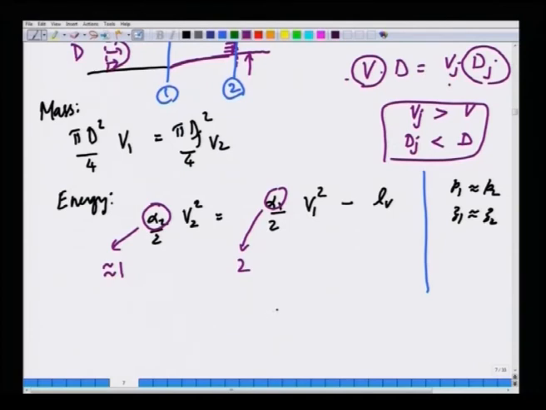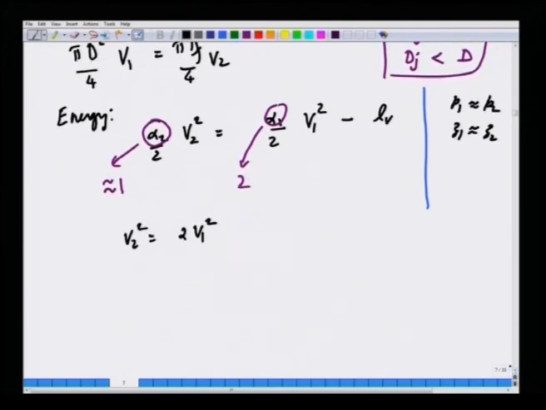If I use these two relations, I get a simple relation. Let us say alpha 2 is 1. So, V 2 squared is simply 2 V 1 squared. That is one relation that we get. If we substitute this in the continuity equation, we get d squared times V 1 is d j squared times V 2.